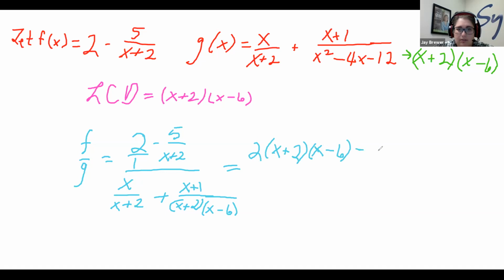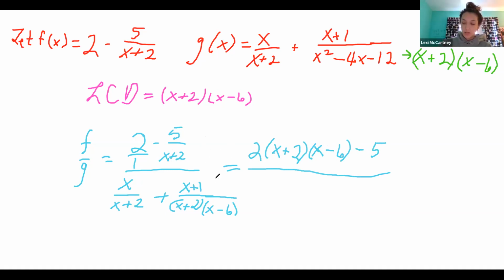And then minus, what about 5? Does 5 have any part of the LCD? What part of the LCD does it have? It has x plus 2. Okay, so that means we have to multiply it by what's left, which is x minus 6.